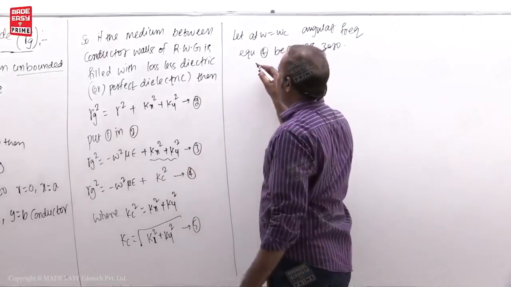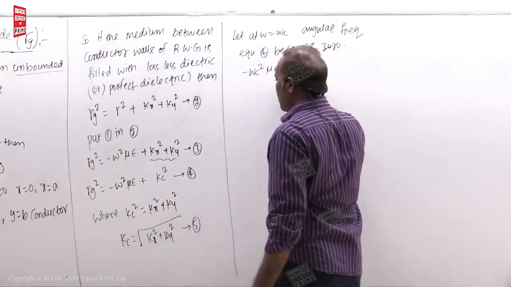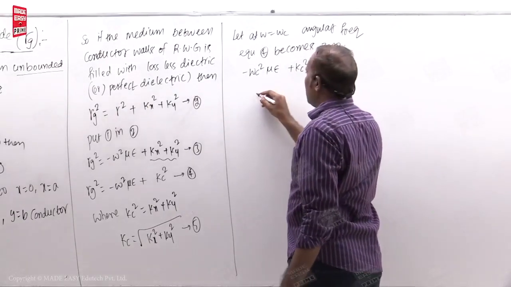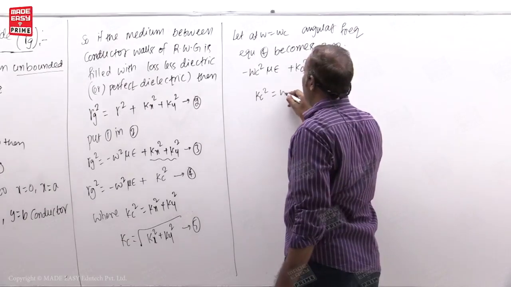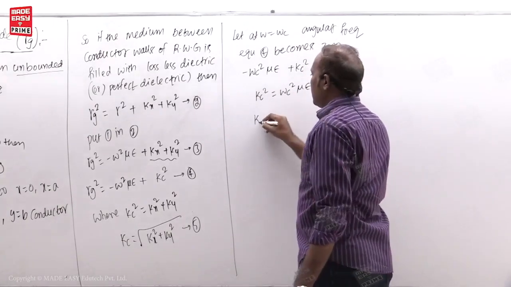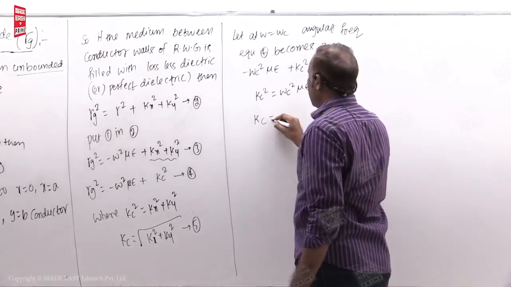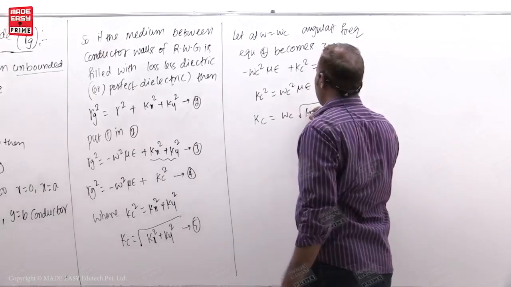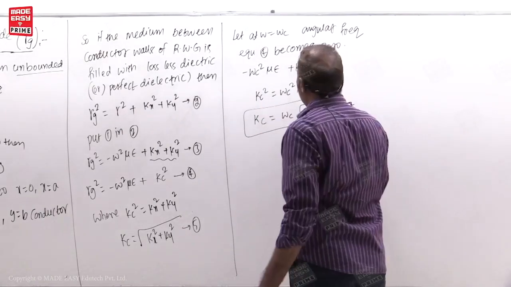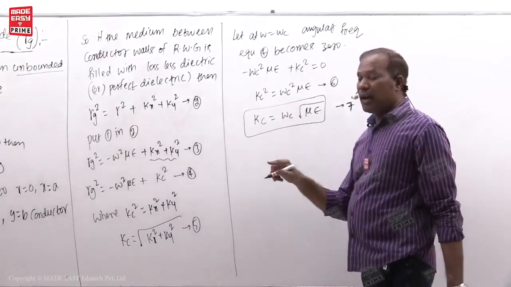Then you substitute that: minus omega c square mu epsilon plus kc square is equal to 0. So kc square is equal to omega c square mu epsilon, say this is equation number 6. kc is equal to omega c root mu epsilon, this is 7. This is also very important, student, this one in circular waveguide also you have to remember.